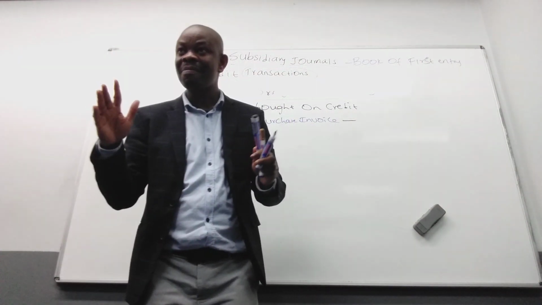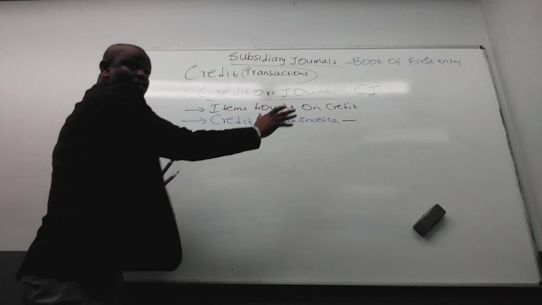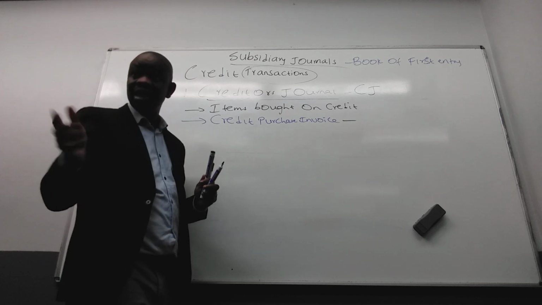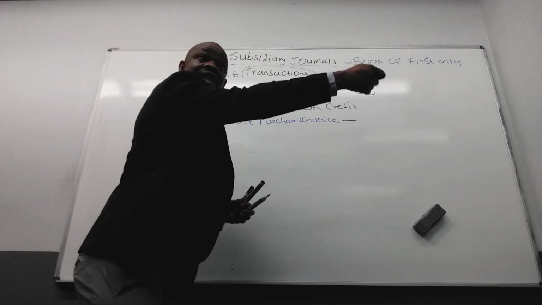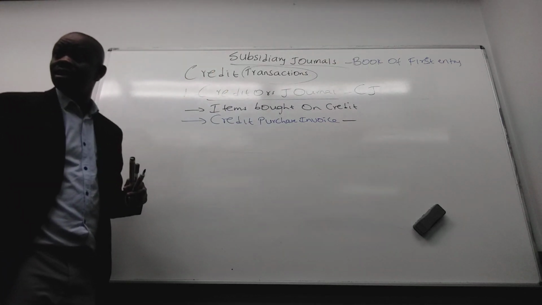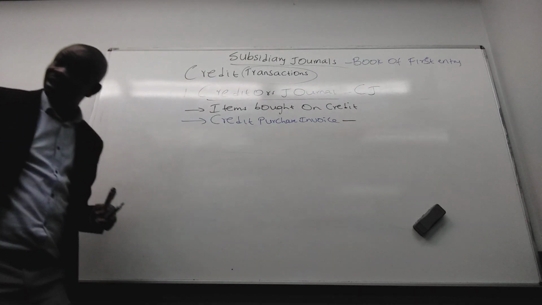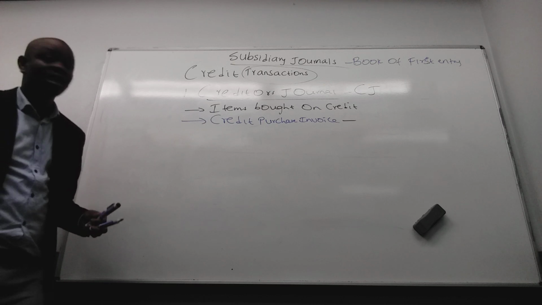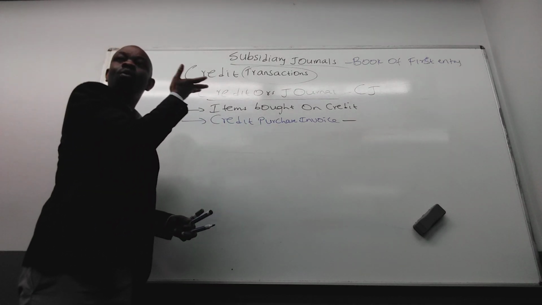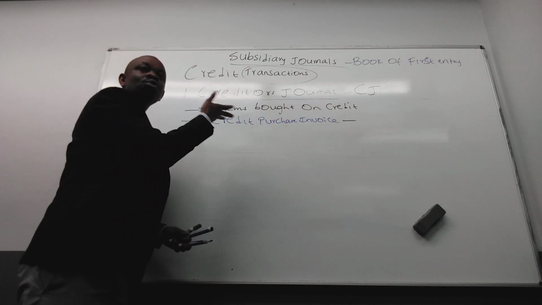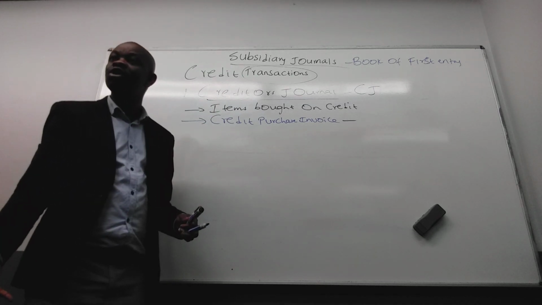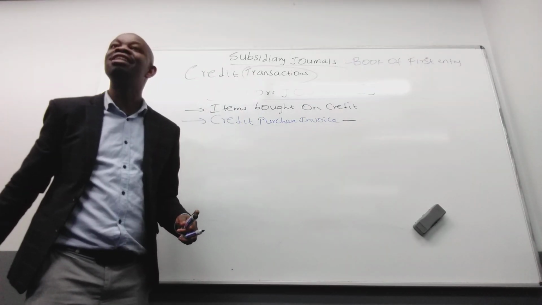Let me repeat myself. We've got the issuer and the receiver. The rule says if you issue the original, you retain the duplicate. I think it makes sense. The question is, are we the ones who are buying here or are we the ones who are selling here? We are buying. So we receive the original.